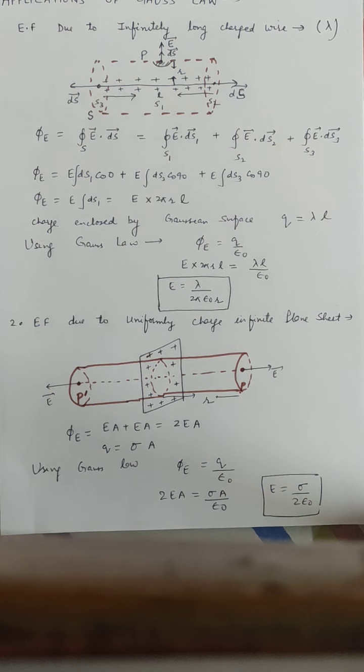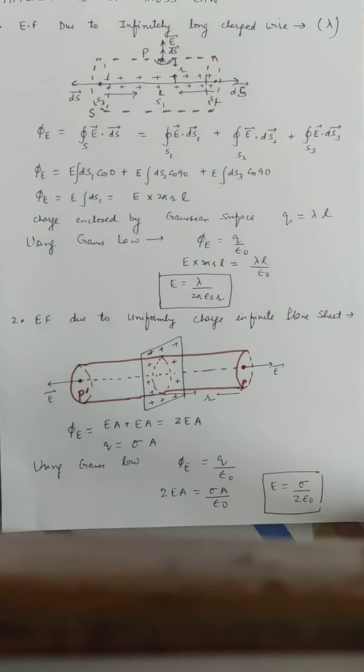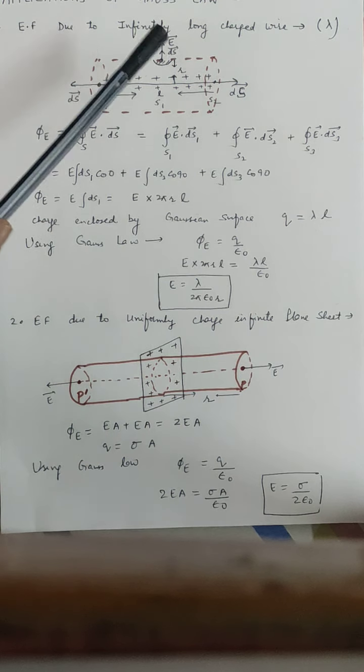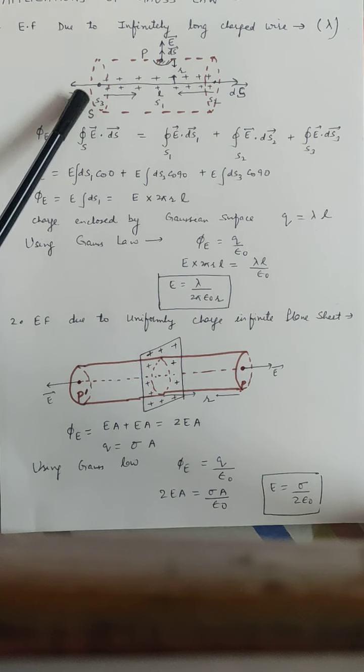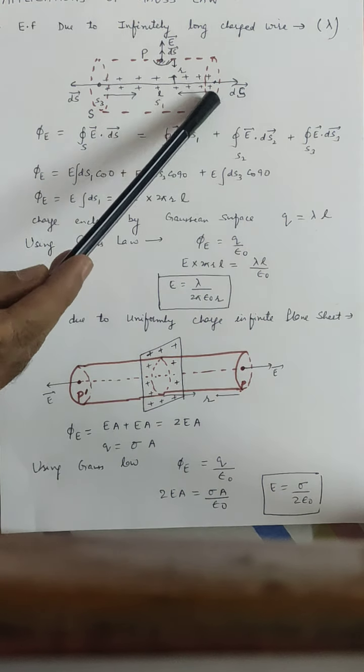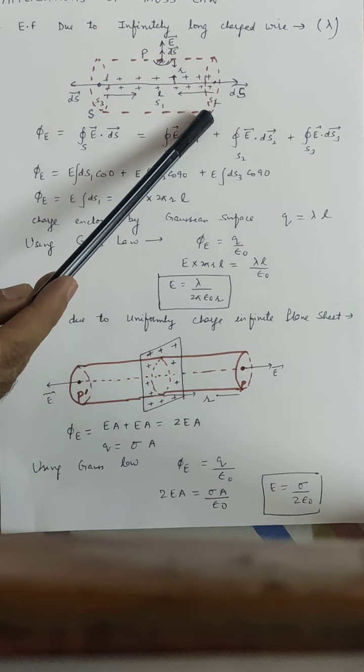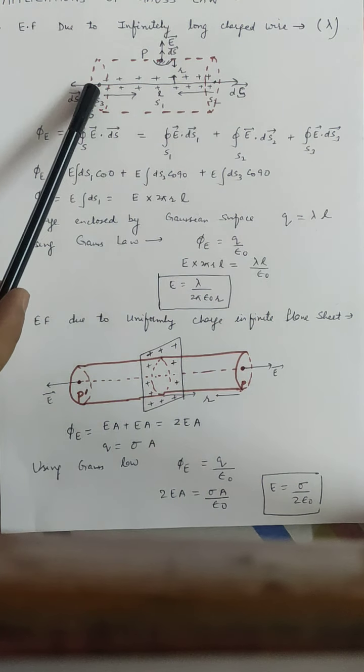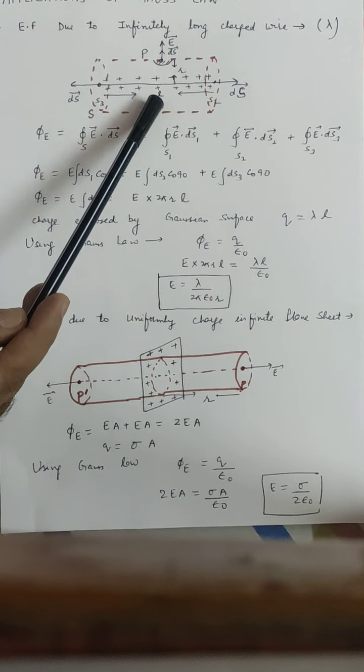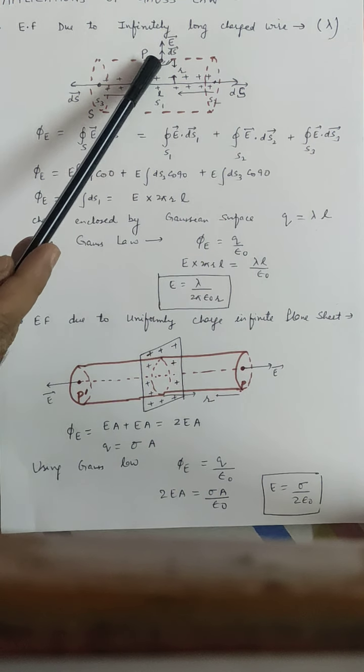So the first important step, as I have told you, in order to apply Gauss law, is that we have to first enclose this particular wire, and the geometry that comes out after enclosing this wire which is carrying a positive charge is a cylinder. This is a finite length cylinder of length L and radius r.